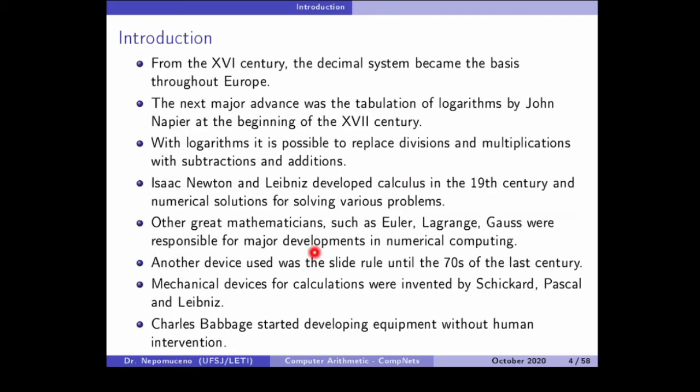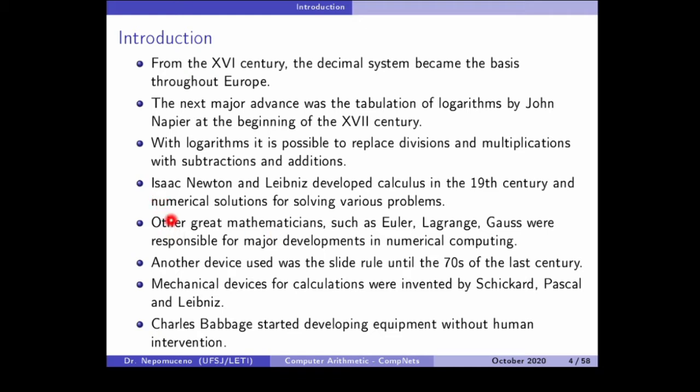From the 16th century, the decimal system became the base throughout Europe. The next major advance was the tabulation of logarithms by John Napier at the beginning of the 17th century. With logarithms, it's possible to replace divisions and multiplications with subtractions and additions.